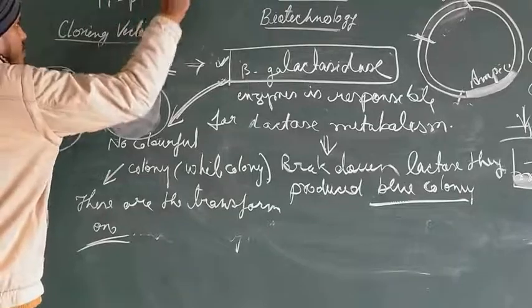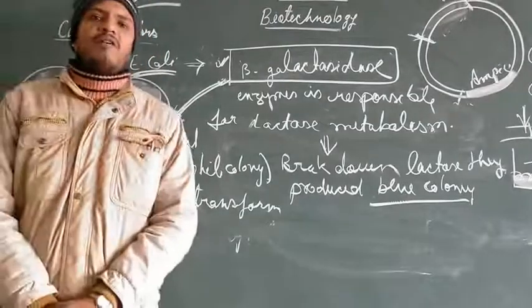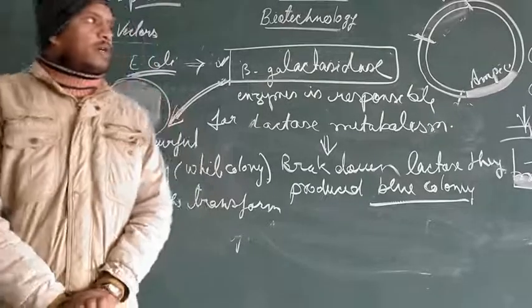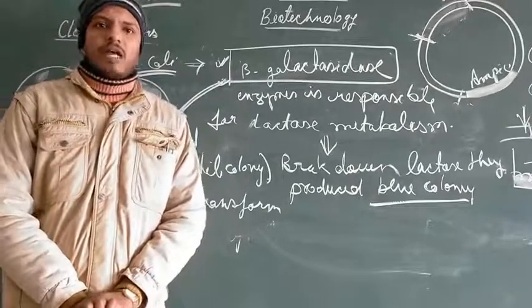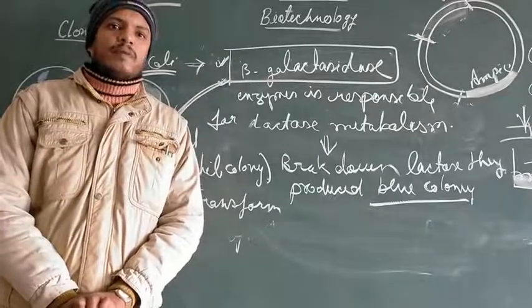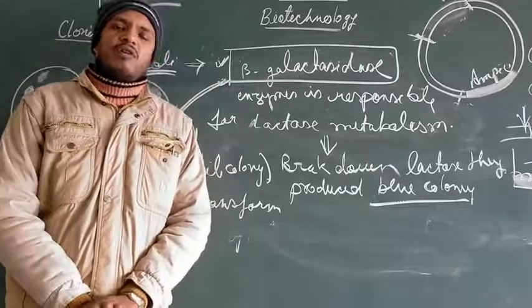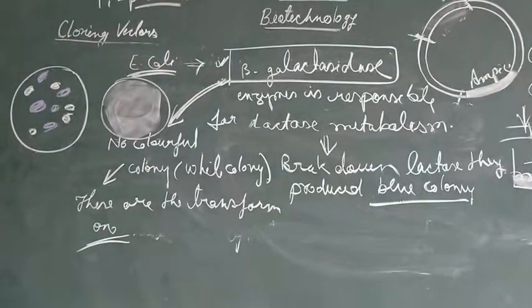That is the tumor-inducing plasmid, through which we can easily incorporate our desired gene in the plant. They are also called Ti plasmid because they cause tumor in the plant. So that is the case of plants.